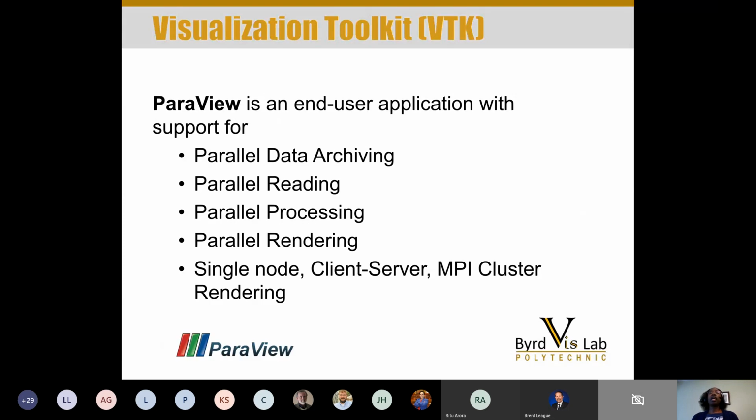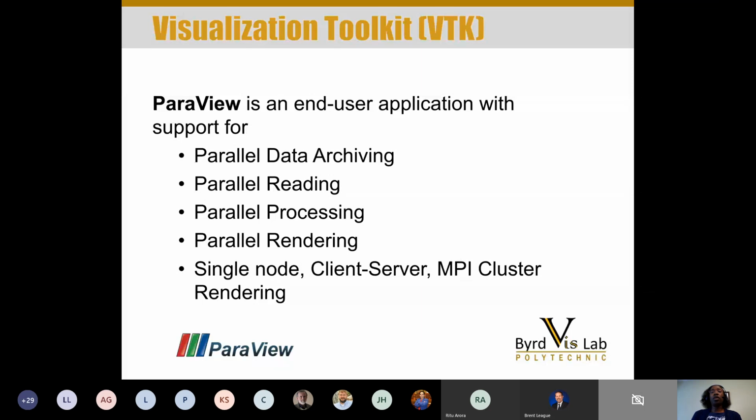ParaView is an end user application with support for parallel data archiving, parallel reading, parallel processing, and parallel rendering, but you can also run it on a single node or on your desktop. For those of you who are interested in working along with the webinar today, I am hopeful that you have downloaded ParaView and taken a look at it.